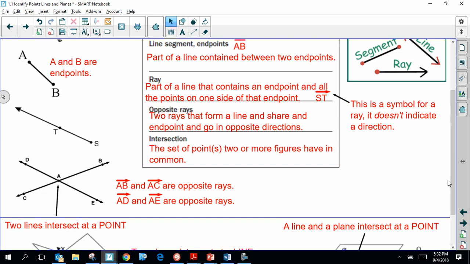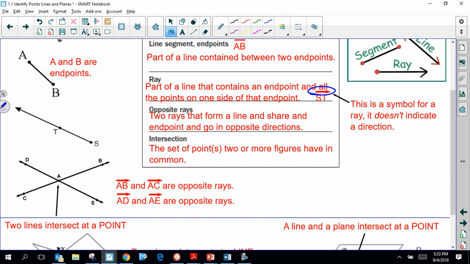A ray is a part of a line that starts at an endpoint. Kind of sounds odd that you start at an endpoint, but that's what you do. And then you go in one direction. So here on the left-hand side of the screen, you see a ray called ST. It starts at S and it goes to point T, or it goes through point T. Now the symbol that we use to represent a ray is like this right here.